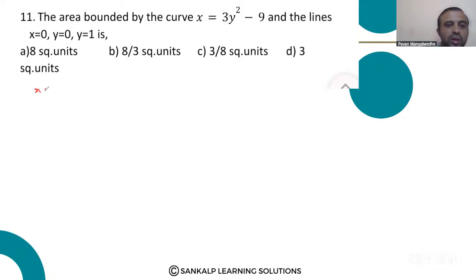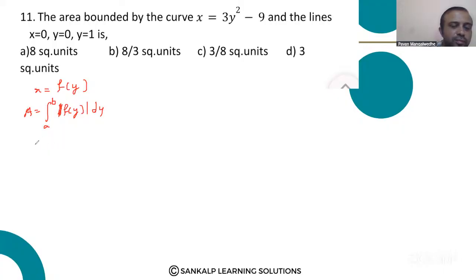So we can treat x is equal to a function f of y. So A is equal to the standard form, integral from a to b of mod of f of y dy.